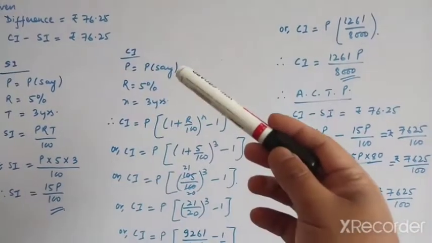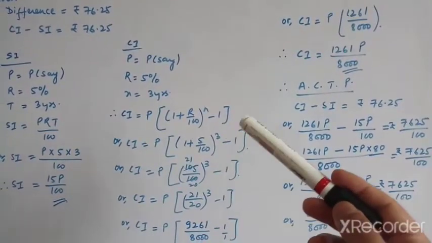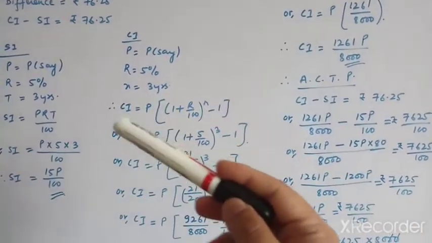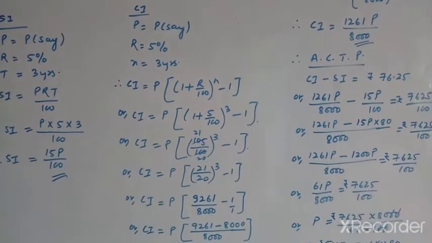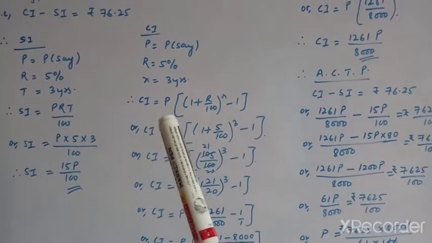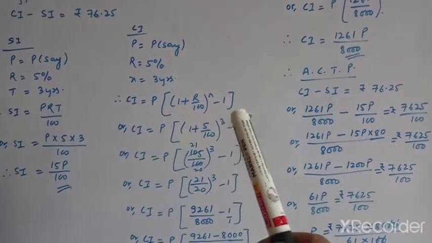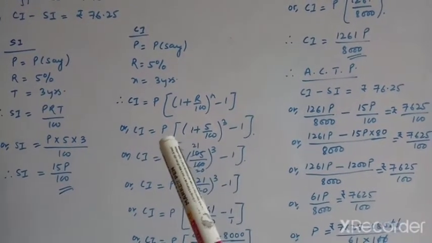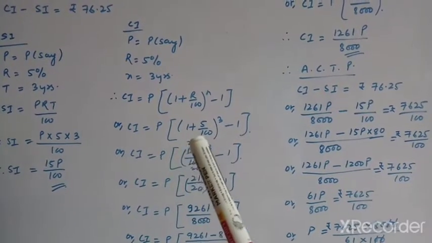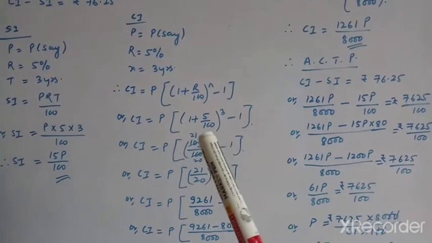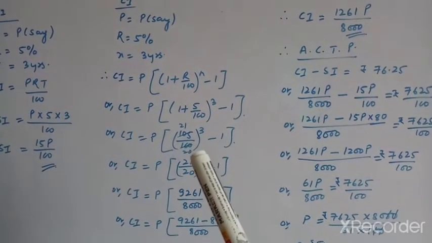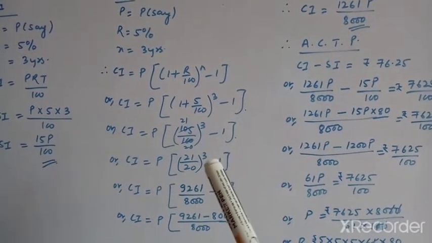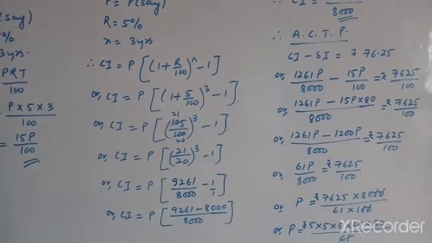Now since it is unknown, we will directly use the formula of compound interest. So compound interest is principal into (1 plus r by 100) to the power n minus 1, and principal remains as P. Then replace the values. After LCM we get 105 by 100, so after cancellation we get 21 by 20, and the power here is cube.